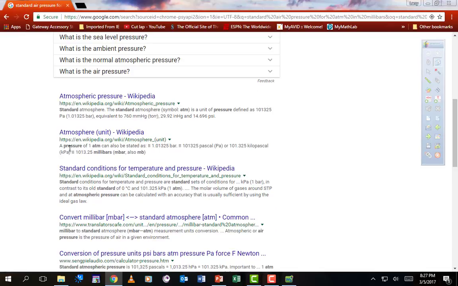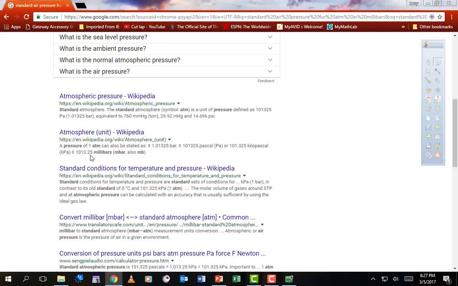Okay, so a pressure of 1 atmosphere can be stated as 1.01325 bars. And that's equal to these pascals, a kilopascal. And then they say, oh, it's equal to 1013. You see, so that's where they got that 1013 because that's the standard atmospheric pressure.